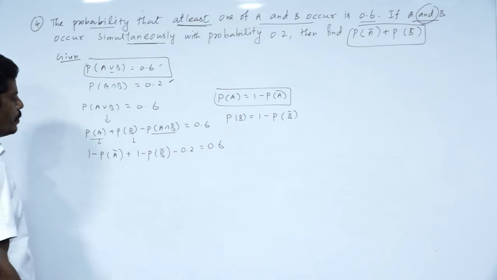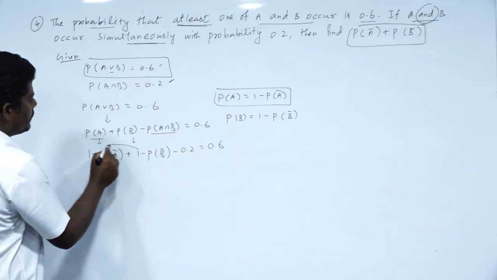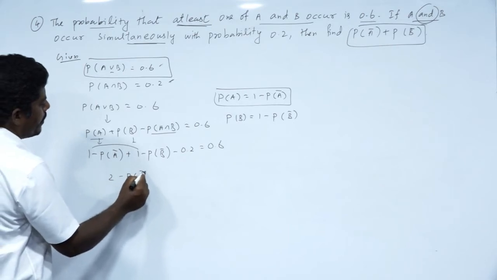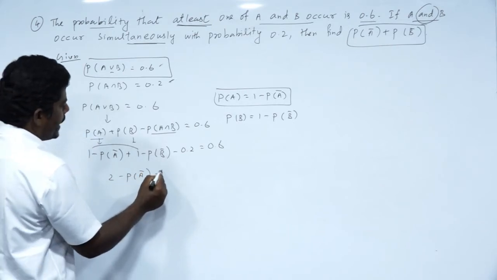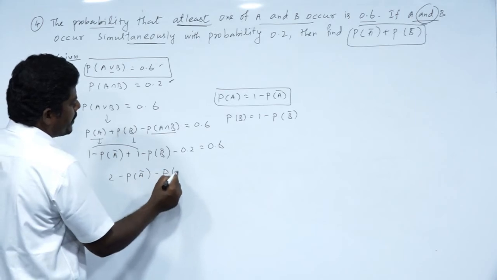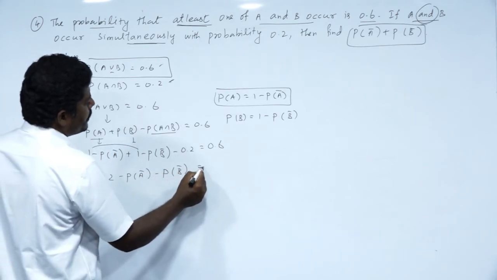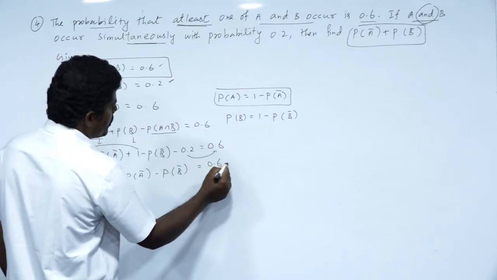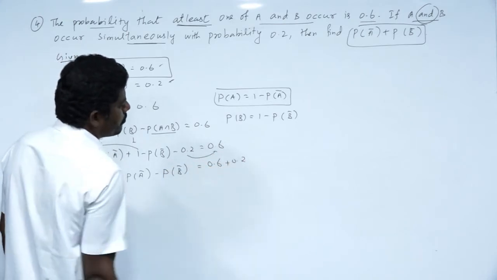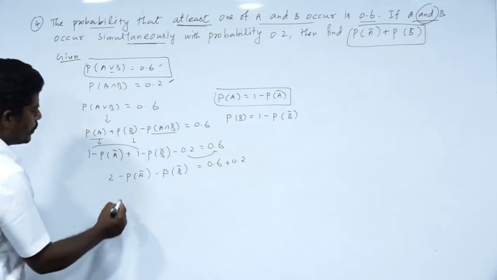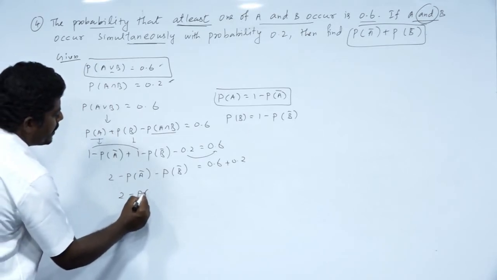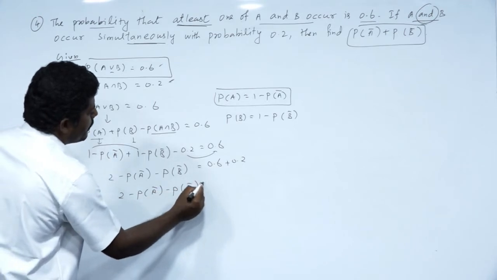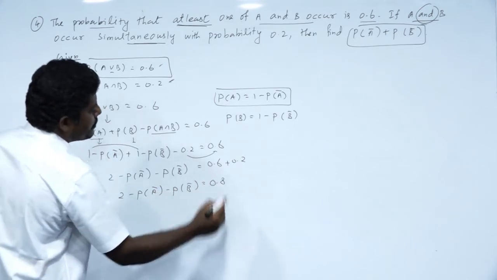Understand, my dear students? Now, 1 plus 1 is 2, minus probability of A bar, minus probability of B bar, is equal to 0.6. This minus 0.2 goes to the right side and becomes plus 0.2. Now, 2 minus probability of A bar minus probability of B bar equals 0.8, my dear students.